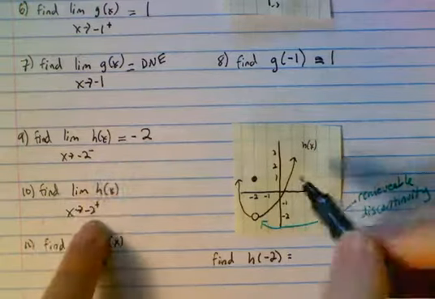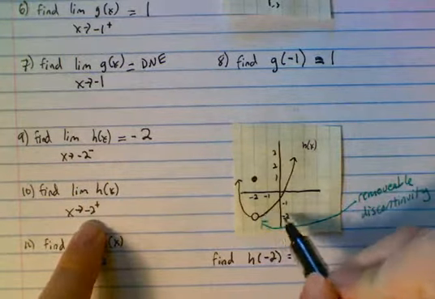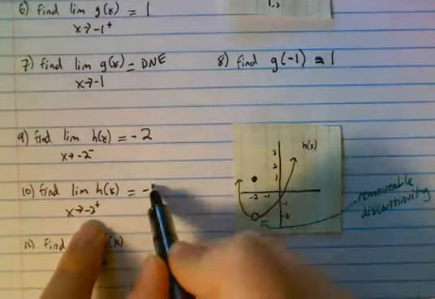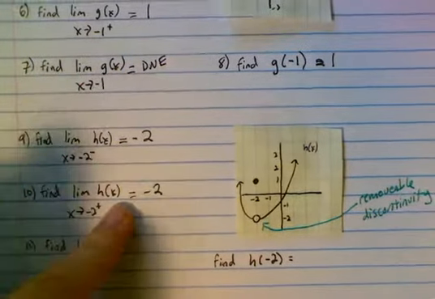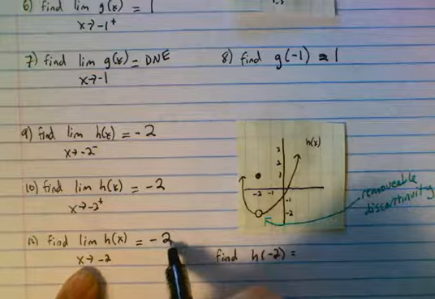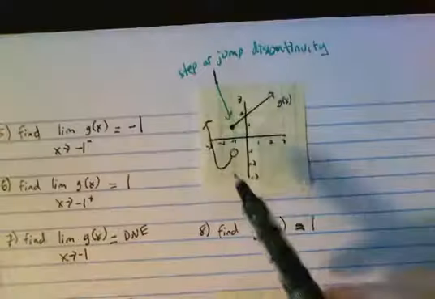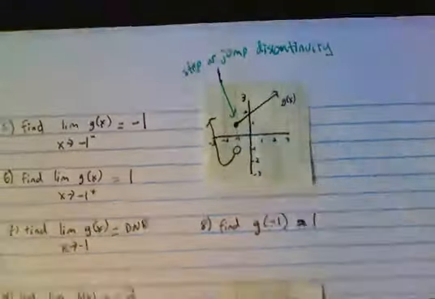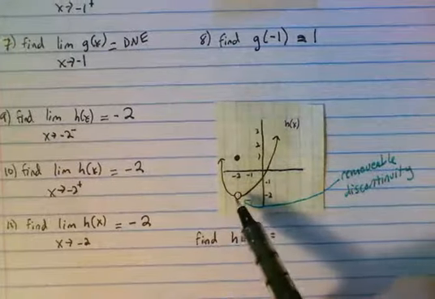As we approach from the right, closer and closer and closer to -2, y also wants to be -2, and now for the first time these two limits match. So if the left limit and the right limit match, then now we have an overall limit. The overall limit is -2. Here the left and the right limit didn't match, so we didn't have an overall one. But here they match, so we do.